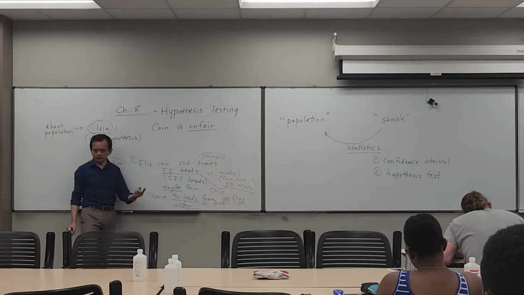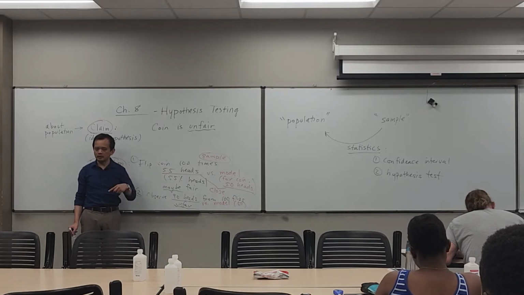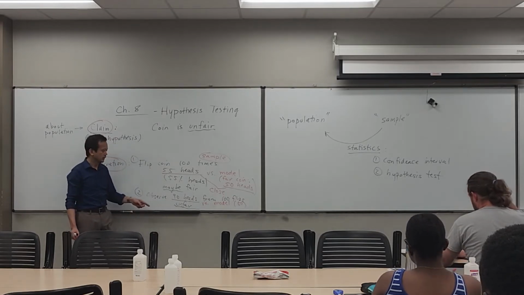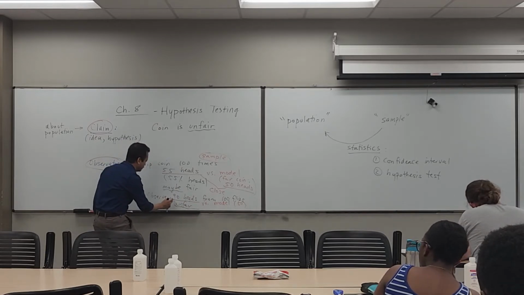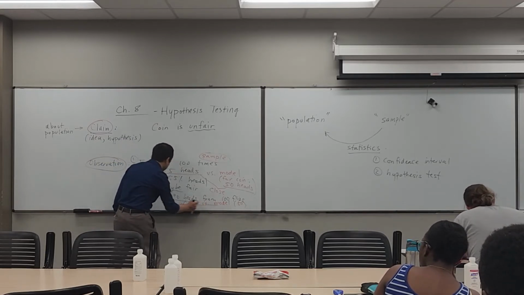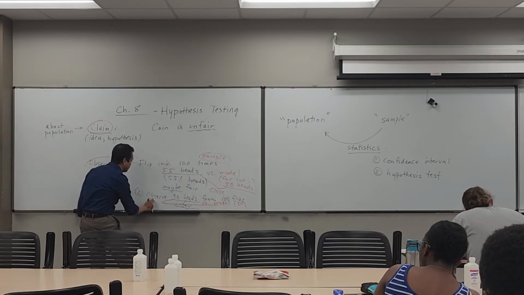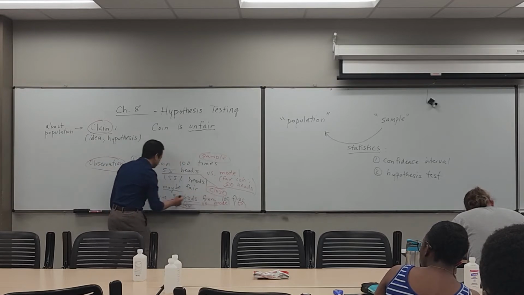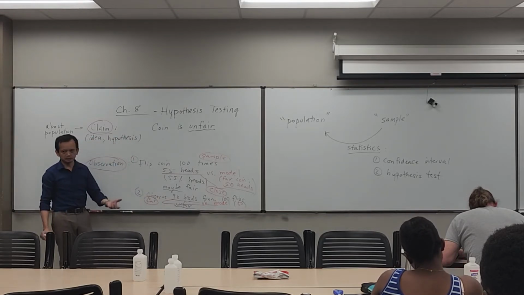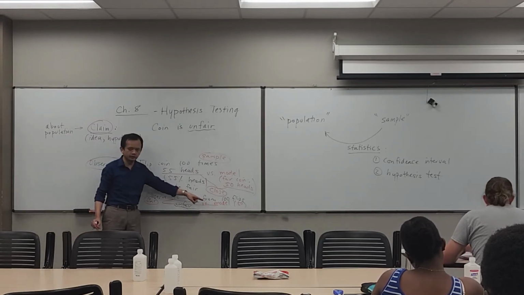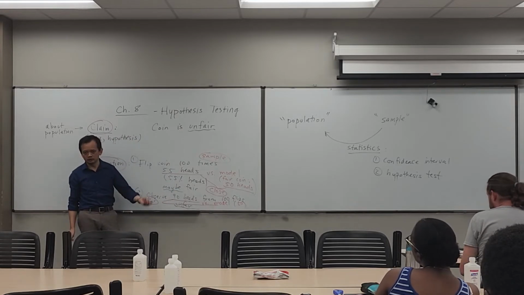And because it's not close enough, the model cannot possibly be true. So our conclusion is that because these are far apart, the model of a fair coin can't be true, so therefore the coin must be unfair.